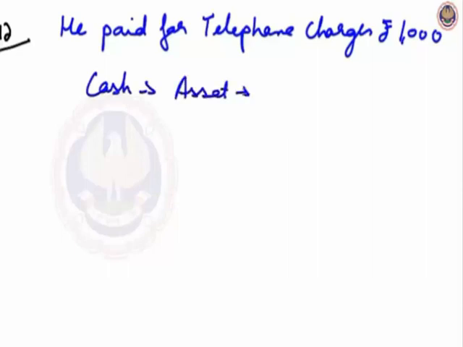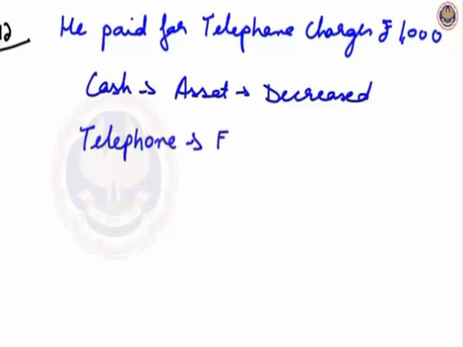Cash is an asset and asset is decreased. Other is telephone. Telephone charges is an expense, and when we make the payment, our expense increases. So when we pay the telephone charges, our expense increases. So increase in expense, we know it is always debited.